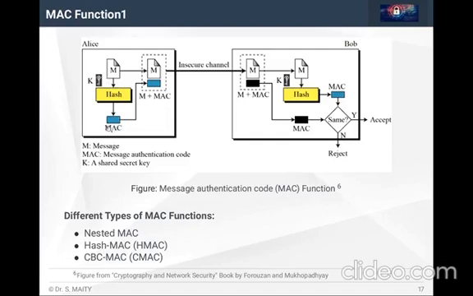Then this digest is attached with the file, and both are transmitted over a secure channel. At the receiving end, the receiver again computes the digest from the received file and the shared secret key, which it also holds, and then matches the digest values. So this is called MAC.